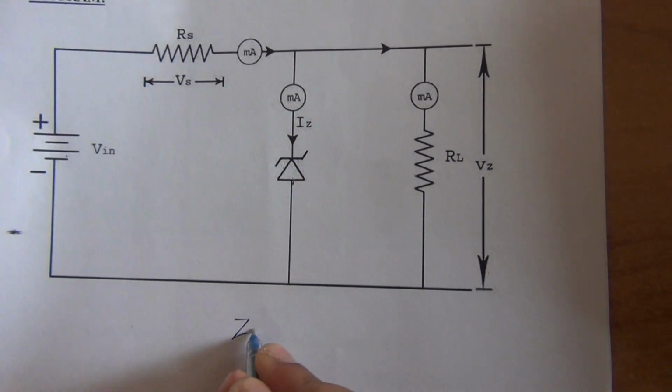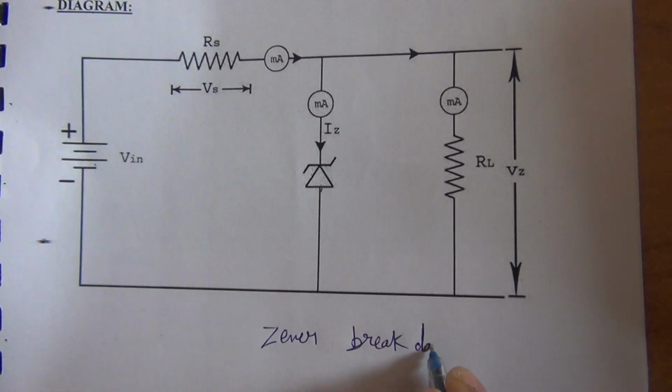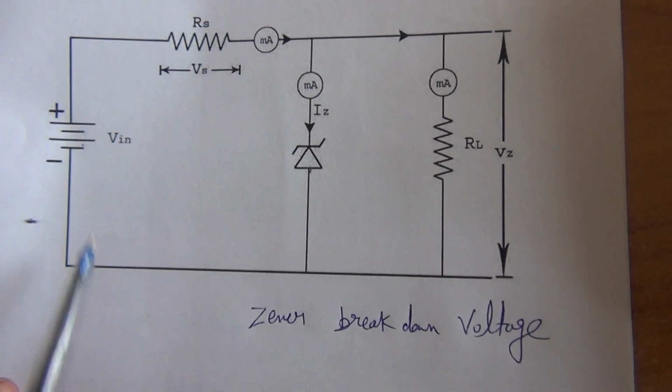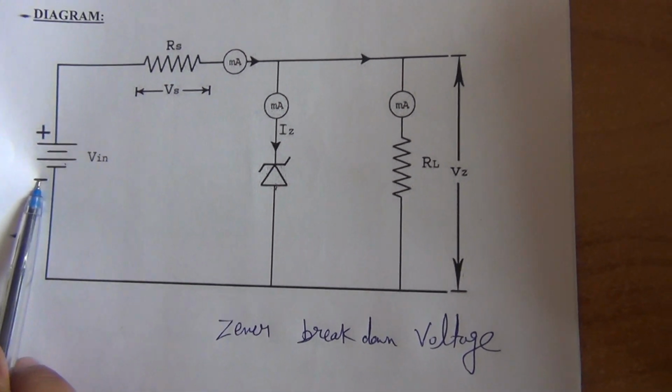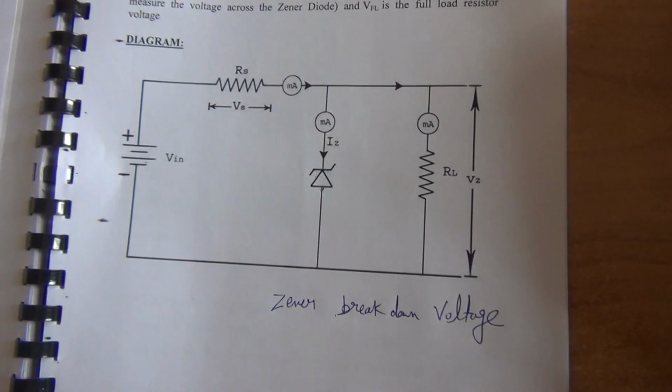There is one voltage which is called the Zener breakdown voltage. When the input voltage exceeds the Zener breakdown voltage, this Zener will start to conduct.